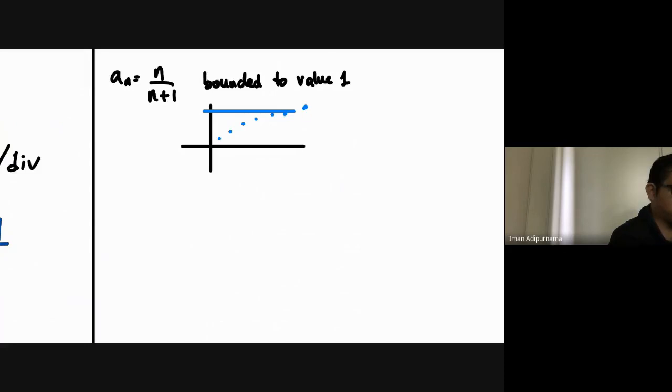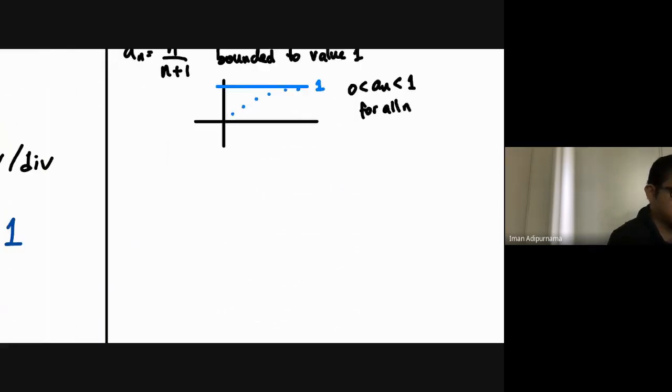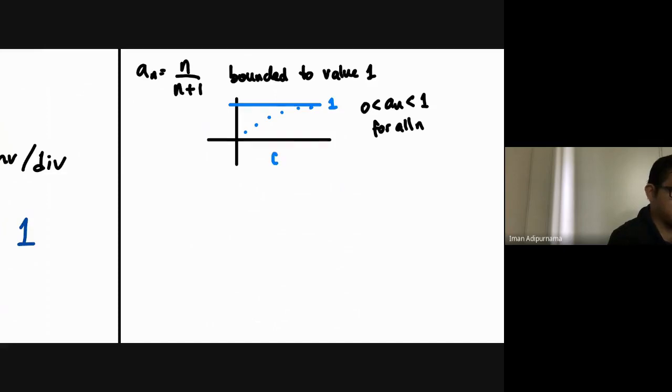This is the value of 1. Okay, and we already proved it with the limit, right? Remember? This is just a review. So the conclusion is it will be less than 1 for all n. So this will be converged.